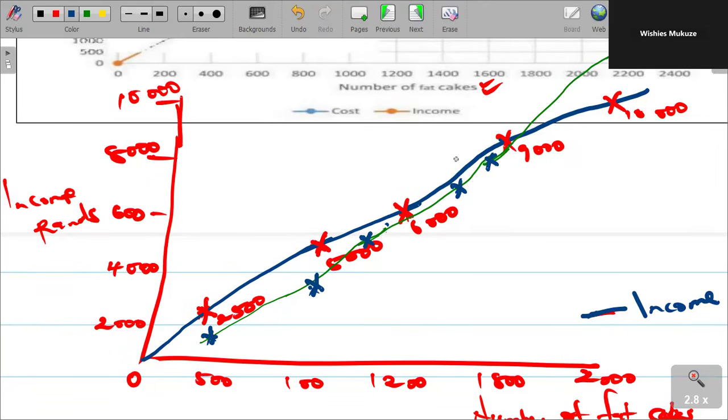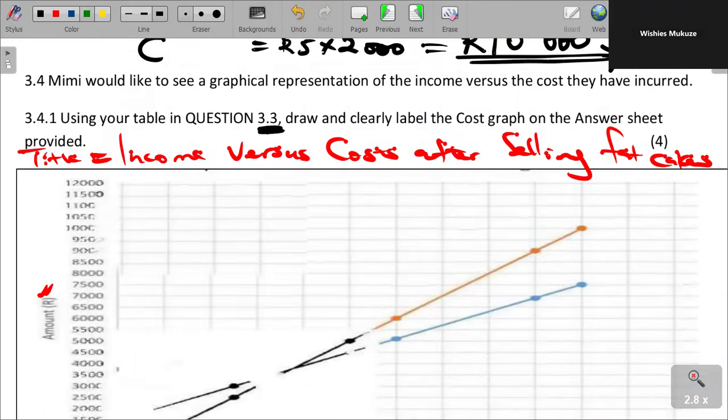And then it goes like that. So we have got that line which represents cost, and then we have got that one which represents income.